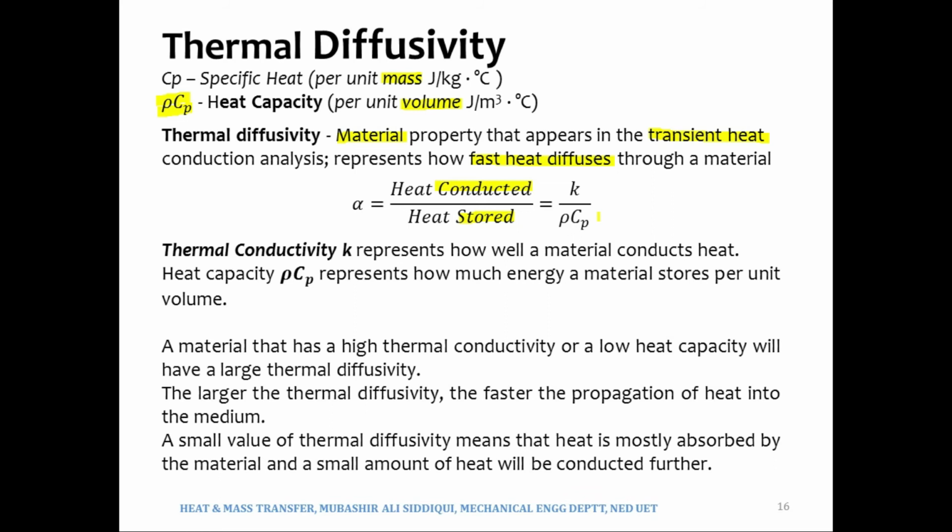So when the steam starts flowing through the pipe at time t equal to 0, the material of the pipe will start storing some energy. The heat will flow from the higher temperature steam to the lower temperature pipe.